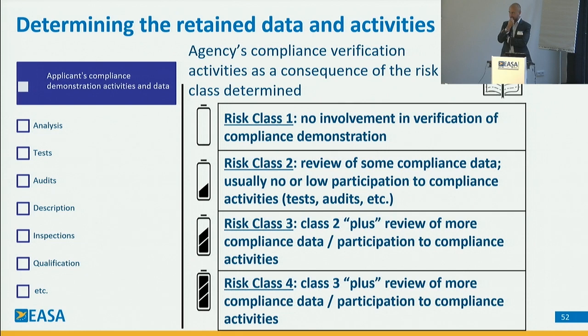So yes, risk class 1, no involvement, but the exceptions are still valid. So the flight manual, EASA approved, still has to be provided to us. This is one exception I want to make you aware of. There are also other exceptions. You will find them in the AMC.